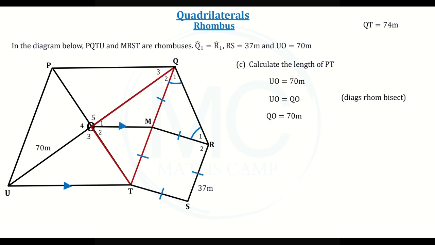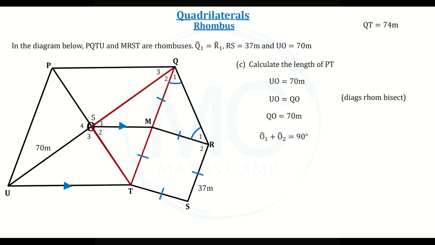Now all we need is a 90-degree angle, and we can use Pythagoras' theorem. Angle O1 and angle O2 lie in triangle QOT, and they lie between the two diagonals of the rhombus. So we know that angle O1 plus angle O2 must be equal to 90 degrees.